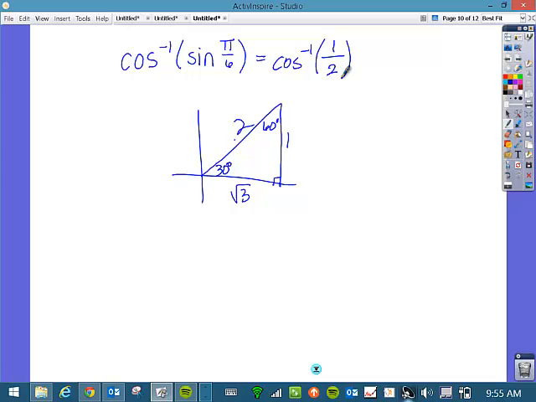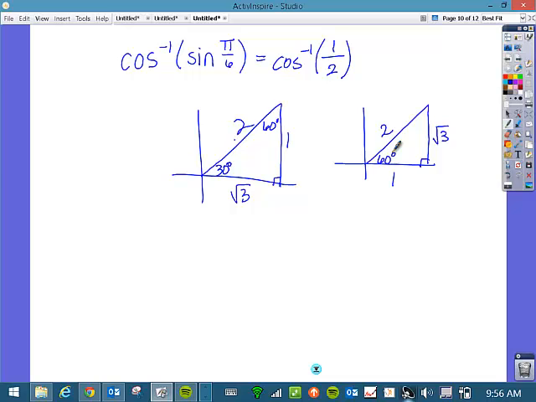So now we're going to have to set up a separate triangle. Cosine is positive in the first quadrant, and cosine is going to be adjacent over hypotenuse. Now that side is root 3, making this angle 60.